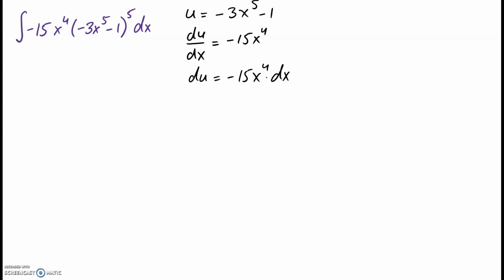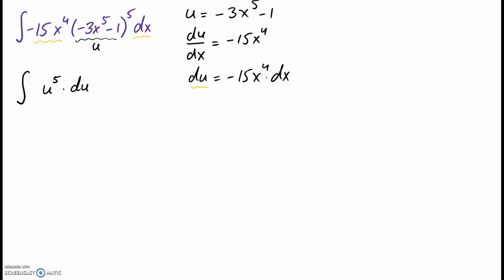Okay, now let's substitute these values. This expression we will replace with u, and this expression we will replace with du. Clear? Now your new expression is going to be u to the power of 5 times du.